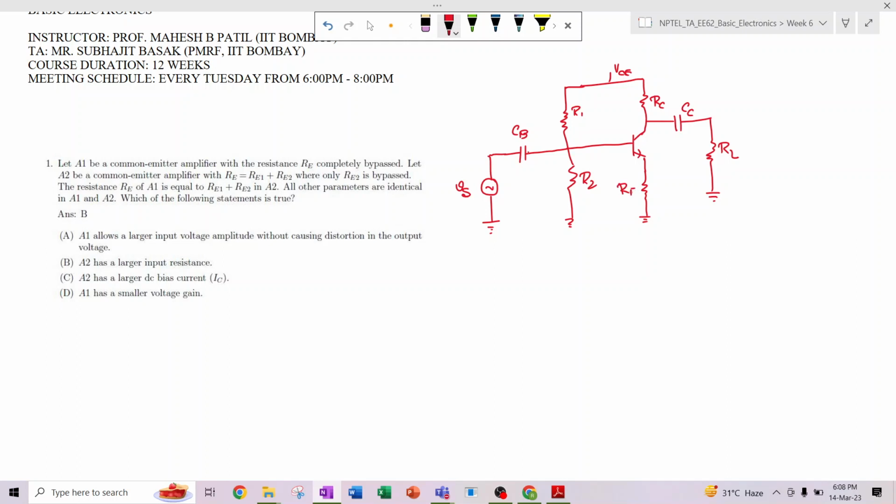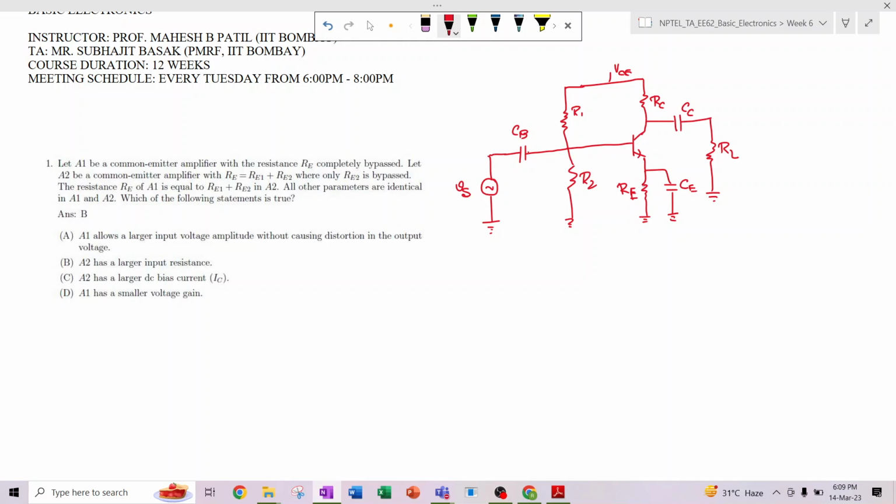But due to this RE, stability becomes an issue, and so we use a bypass capacitor to bypass the AC signal, so that there is a larger amount of gain. Here the gain refers to the small signal gain.